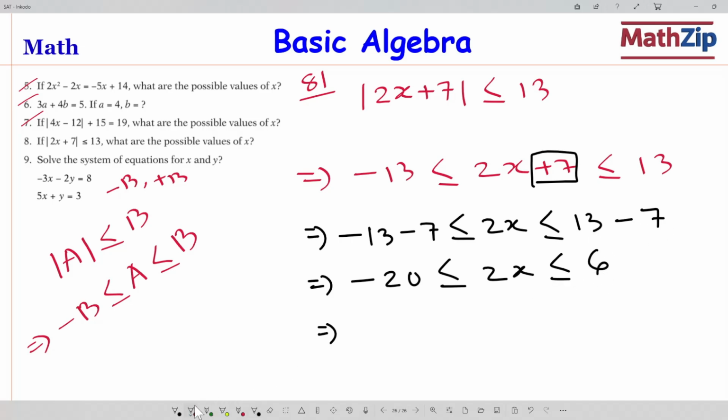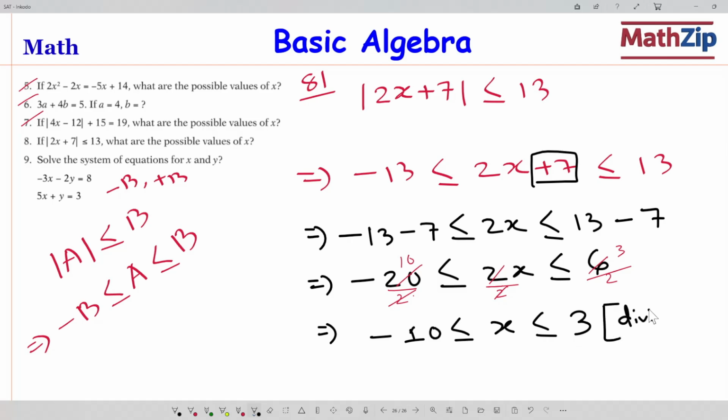Now we divide all sides by 2. So minus 20 divided by 2 is minus 10, and 6 divided by 2 is 3. So our answer is minus 10 less than or equal to x less than or equal to 3.